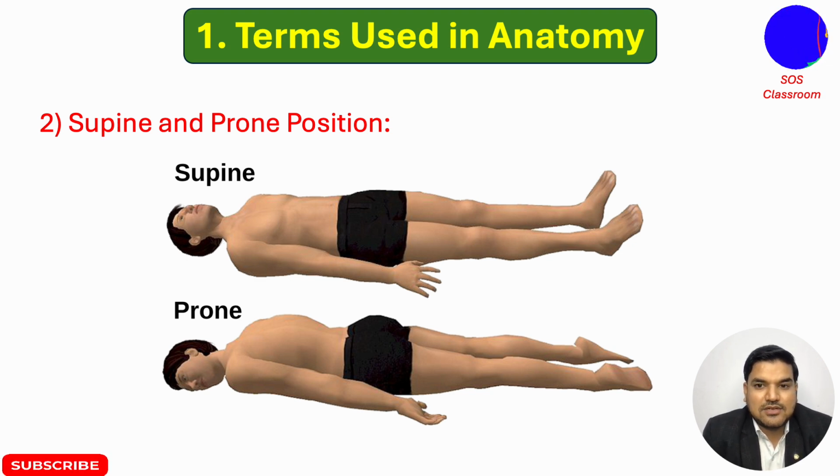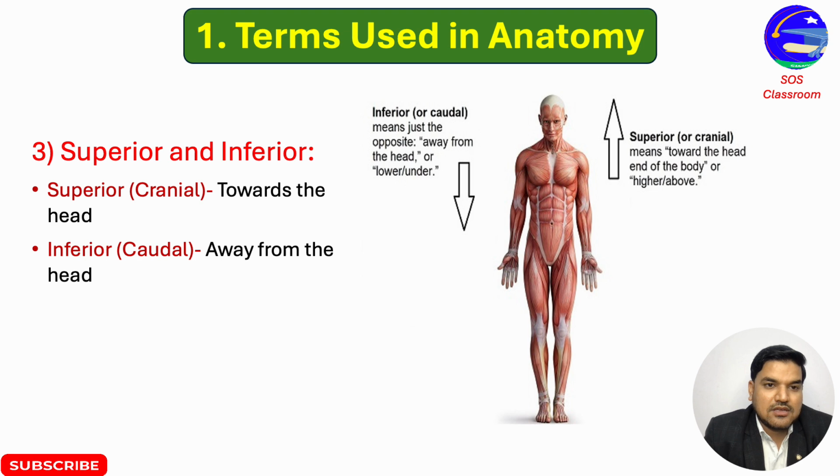For example, if you are a patient, you may be told to maintain the supine position or the prone position for different types of study in different disease conditions. Supine position means face upward, and this is the prone position. So these are basically the positions used in anatomy.